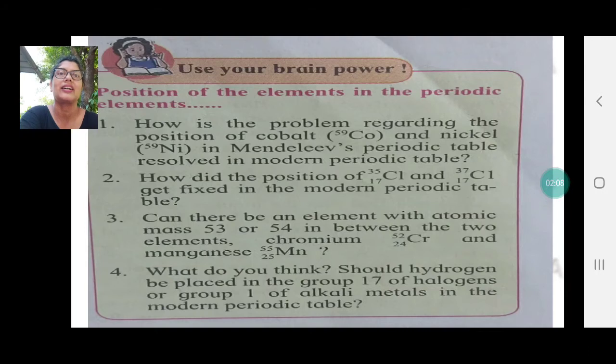Okay, so since chlorine has the same atomic number 17, you will find both the isotopes having the same place, the same position according to its atomic number. So we don't need to have two different places for chlorine 35 and chlorine 37 isotopes.